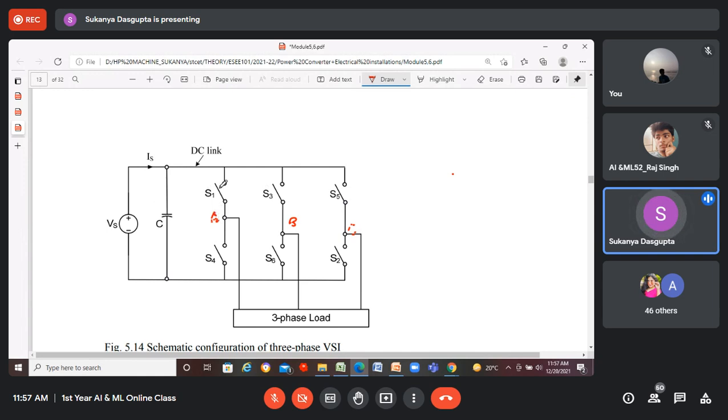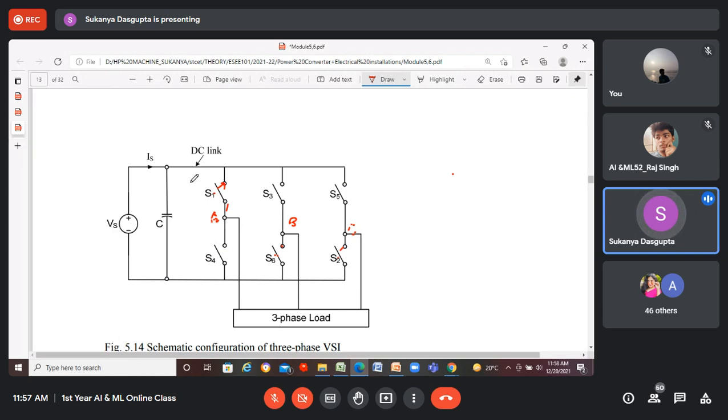Right? Whenever S1 is closed, that means whenever S1 is conducting, current IS will start flowing from positive DC to this switch, then come to this junction, next go to the load, and then try to return to the negative supply either through S6 or through S2, via phase B and phase C respectively.